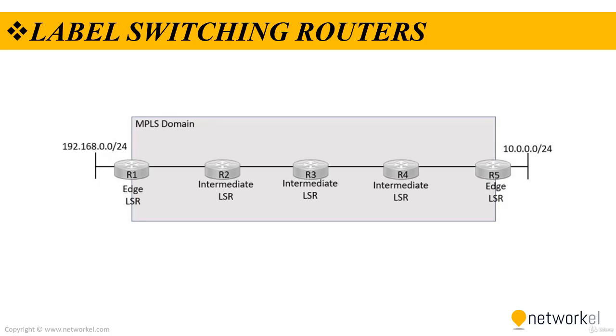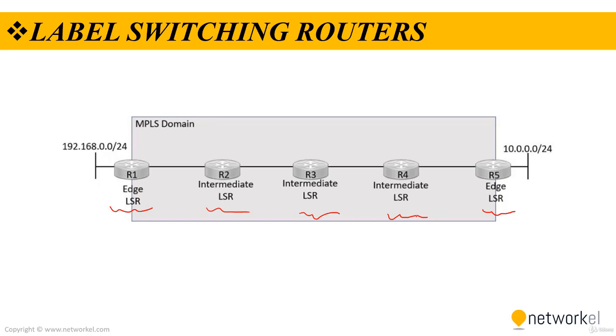In this case, guys, router 1 and router 5 are considered the edge LSRs, and router 2, router 3 and router 4 are named intermediate LSRs.